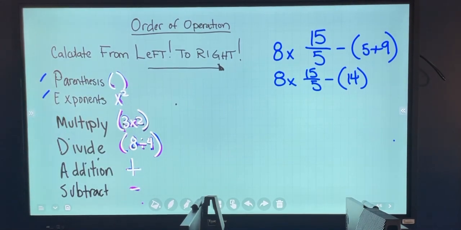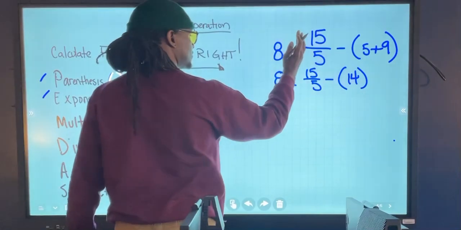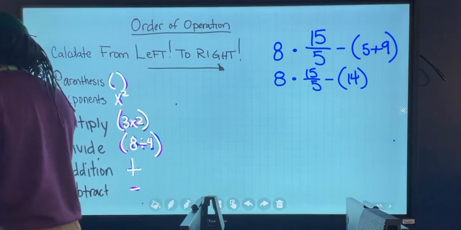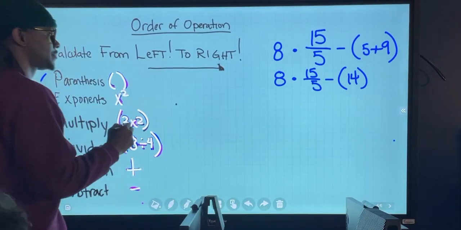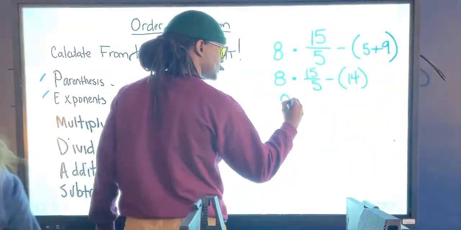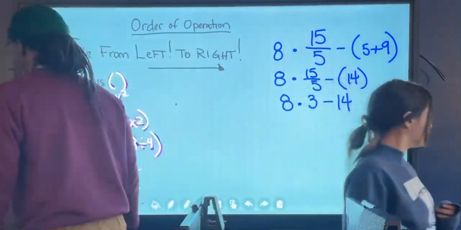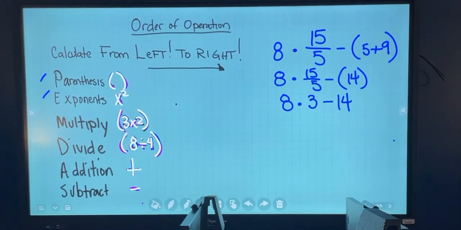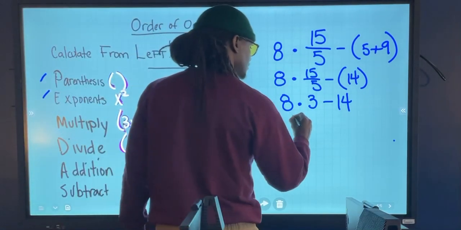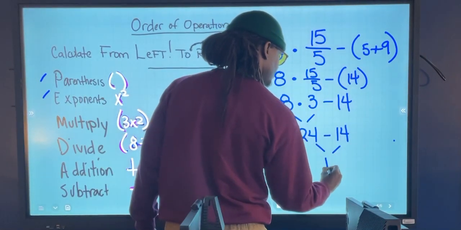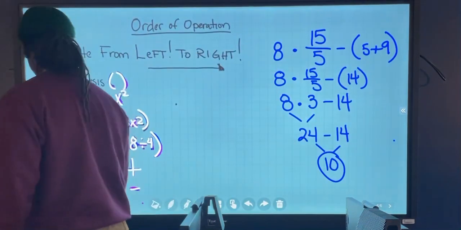That's times, yes. 15 divided by 5? Clean that up. There you go, 3. Now we multiply. 8 times 3 is 24. Very good.